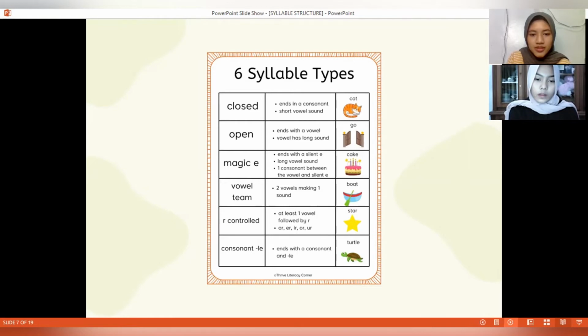Vowel team has two vowels making one sound, like good. Next, R-controlled has at least one vowel followed by R: ar, er, ir, or, ur, like star. And the last, consonant-le, ends with a consonant and le, like turtle.